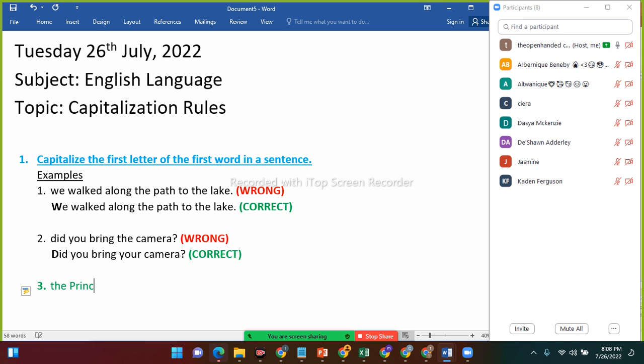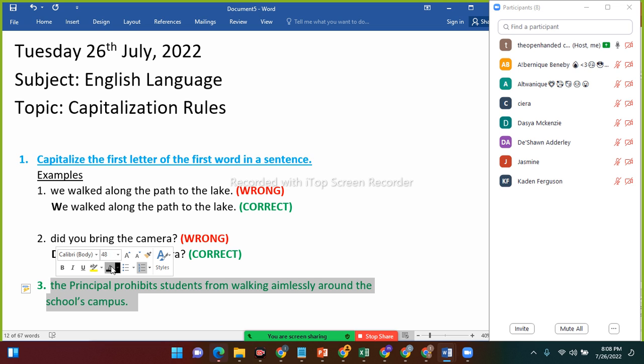So, the principal prohibits students from walking aimlessly around the school's campus. Very good sentence.